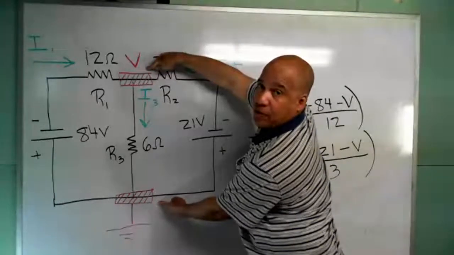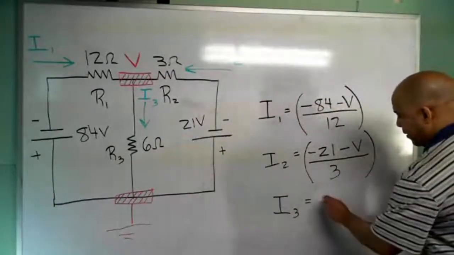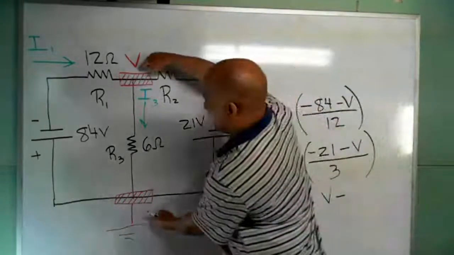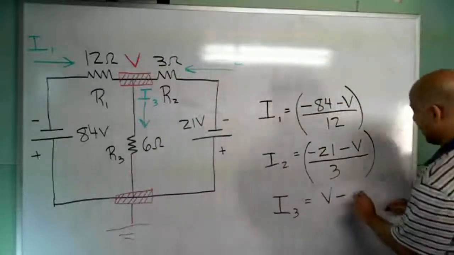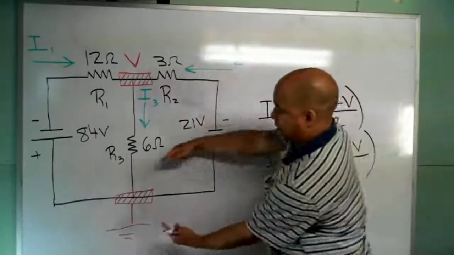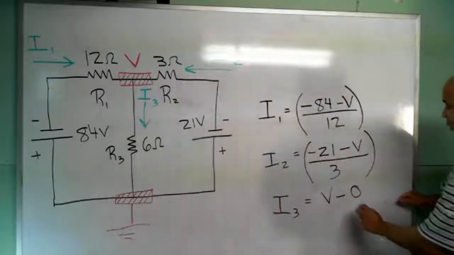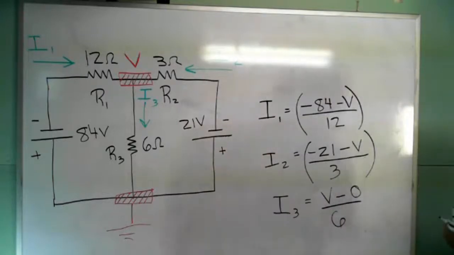So I'll read the voltage V. So I3 would be V minus the voltage on the other side. If I put both leads at the bottom, then that's going to be V minus 0, because the reference node, if I touch my leads together, is going to read 0 volts. So it's V minus 0 over 6, or just V over 6.